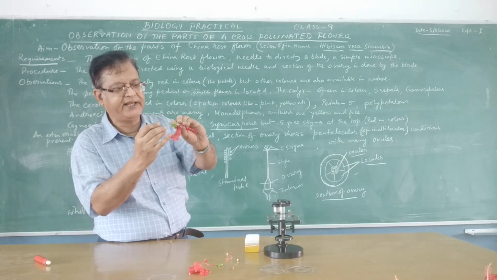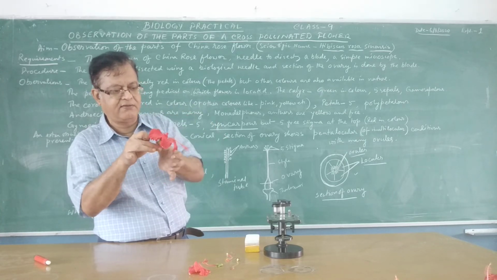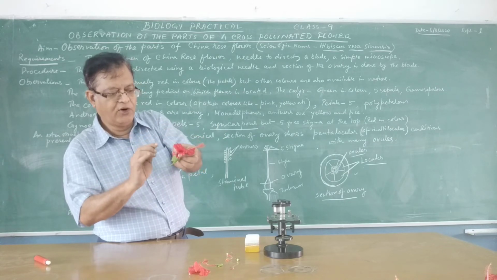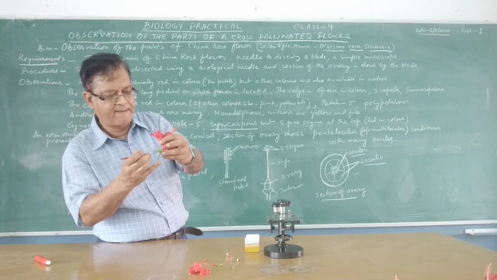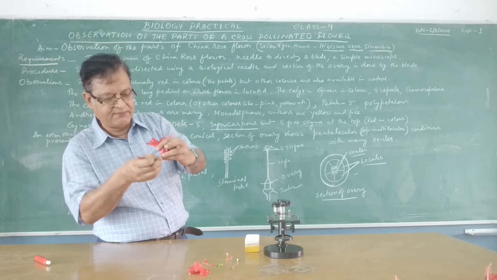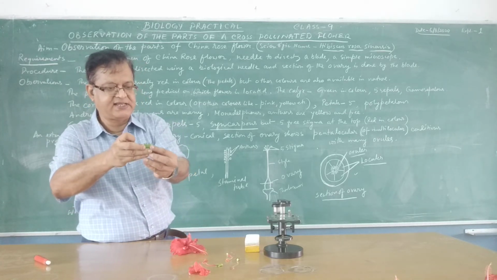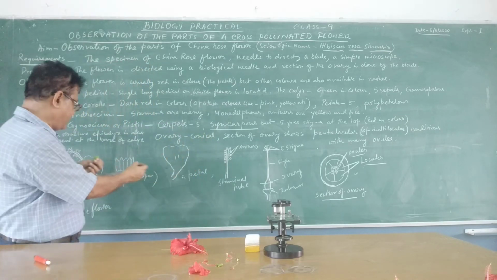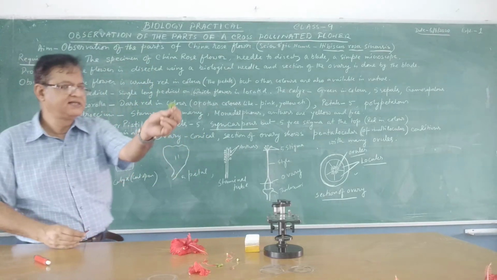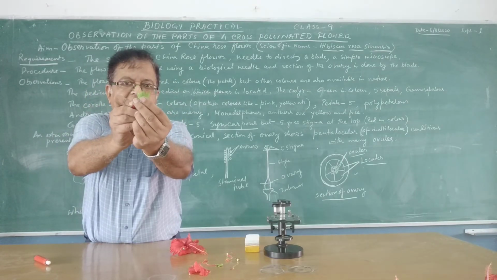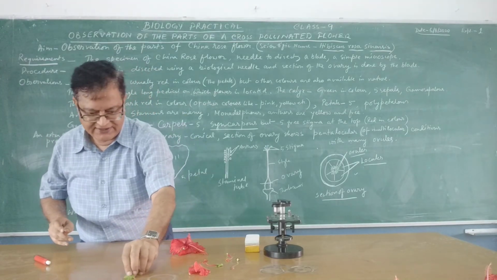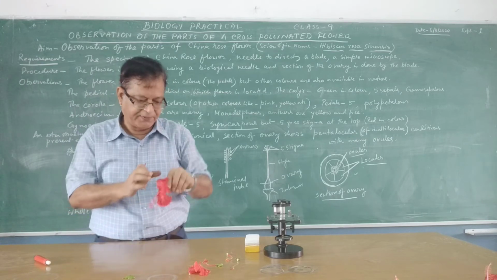But care should be taken that the needle does not pierce the ovary. Hold the flower with your left hand and cut open the parts one by one. Here it is, as you have seen in the diagram: 1, 2, 3, 4, 5 calyx united, cut open.